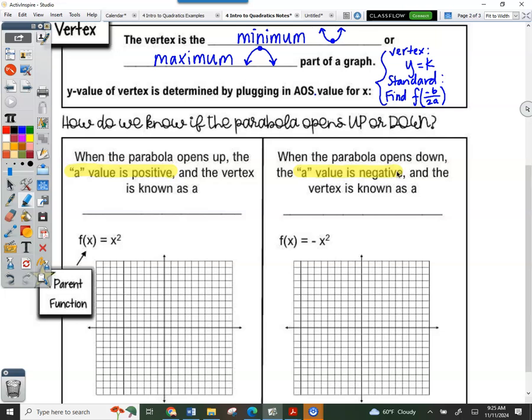So putting it all together here, if it's opening up, we said it would have a minimum. And that's exactly where the vertex falls. Did I spell it wrong? Minimum.